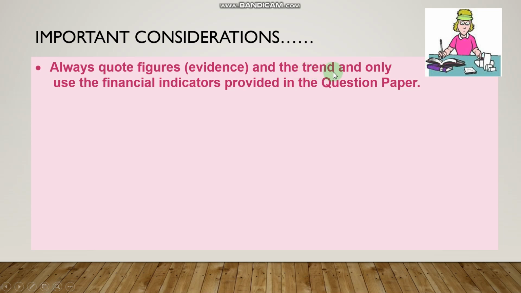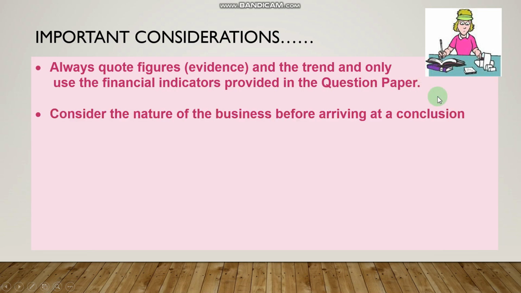Like I said, one figure on its own is meaningless, and only use the financial indicators that are provided in the question paper. You'll understand what I mean by this point when I show you the next slide. Only use the financial indicators provided in the question paper. Okay, bullet number 2, consider the nature of the business before arriving at a conclusion.